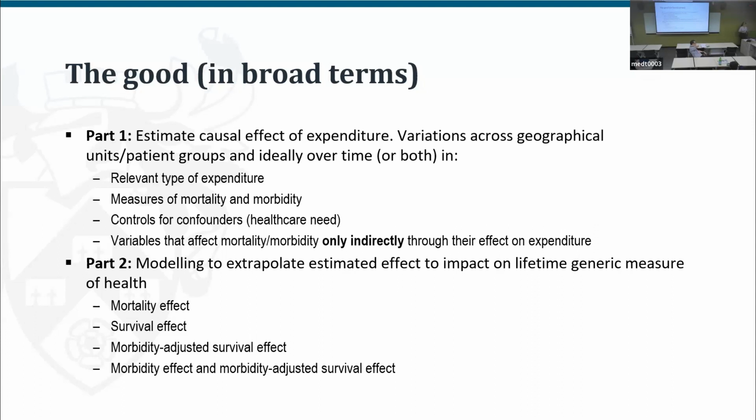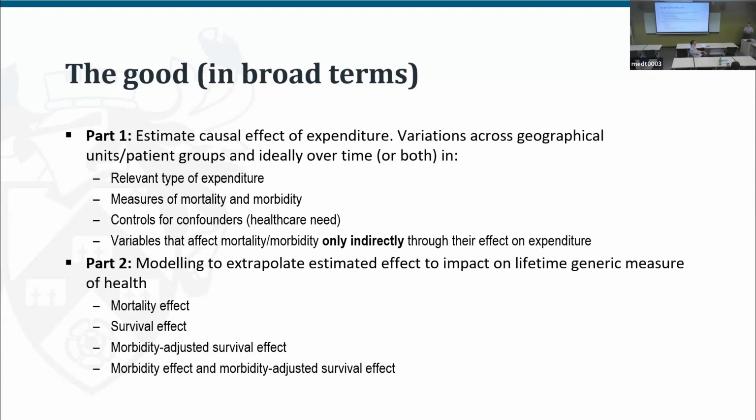Once these studies had estimated a causal estimate, they would then go on to part 2, which was modeling to extrapolate the estimated effect of expenditure on mortality, or the health outcome used, to the impact on lifetime generic measures of health. This typically starts with an estimate of expenditure on mortality, so we have a mortality effect that we can look at.